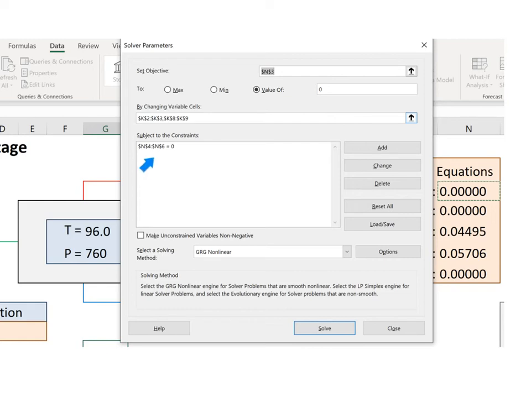Then, for the constraints, you see here I just have N4 to N6, which is the benzene mole balance down to the toluene equilibrium, but not the process specification. We're not going to try and have it be met because it can't be at that temperature. Notice that we now have 4 equations and 4 unknowns.